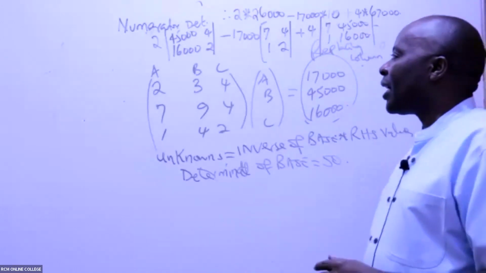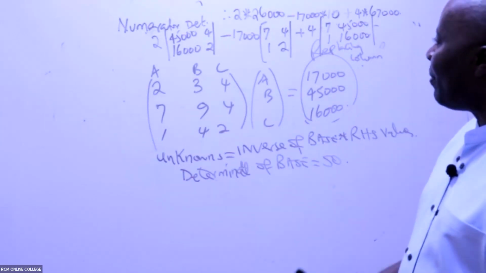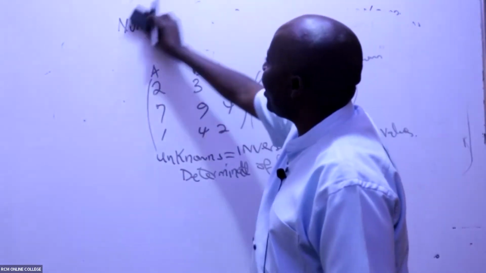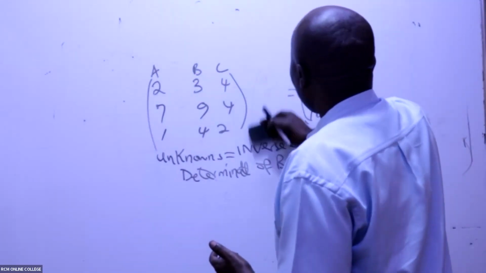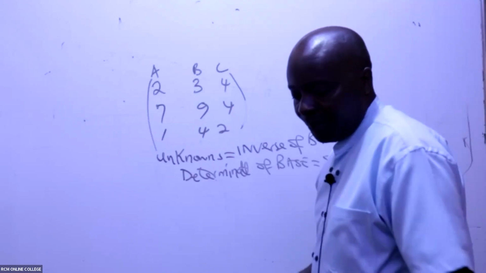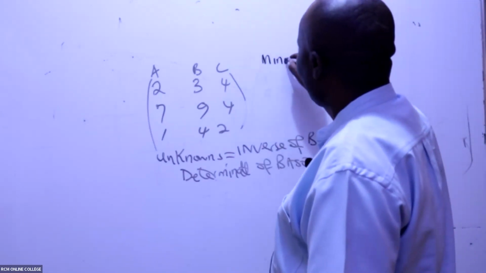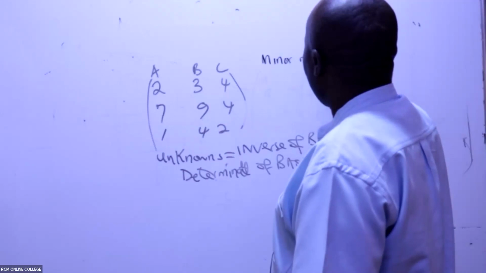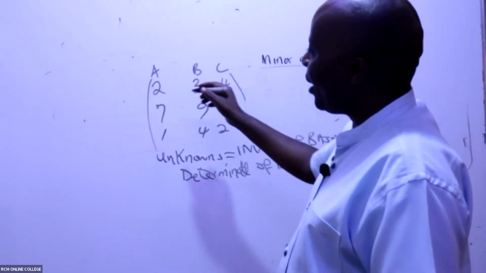So come straight away and give us the minor matrices, the smaller matrices. How do we get them? It's about hide and seek. Minor matrices, what we are calling the M. So come and use the hide and seek.